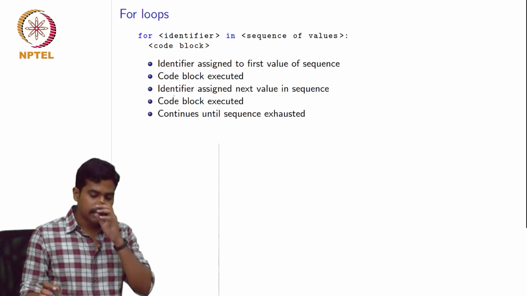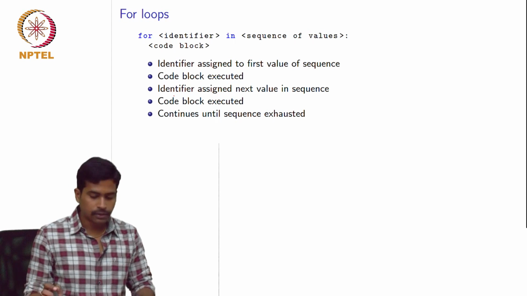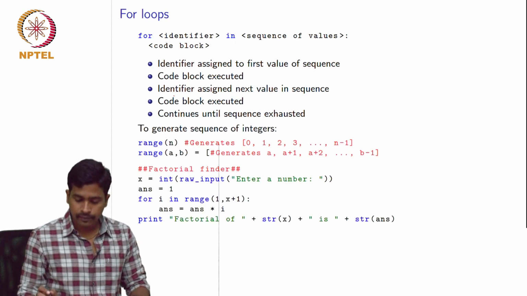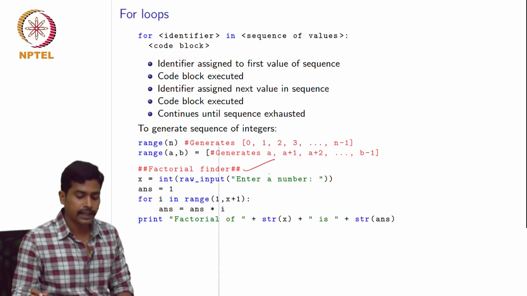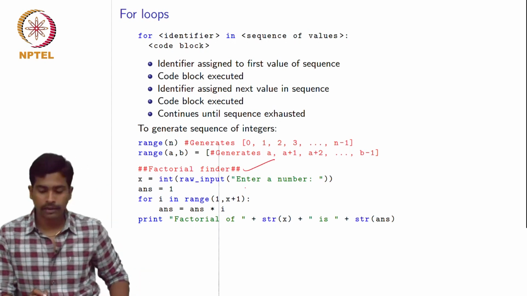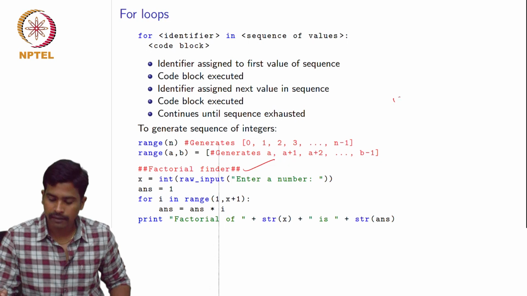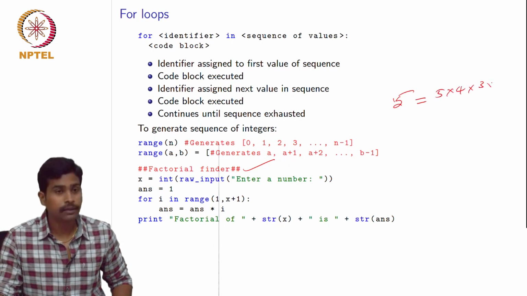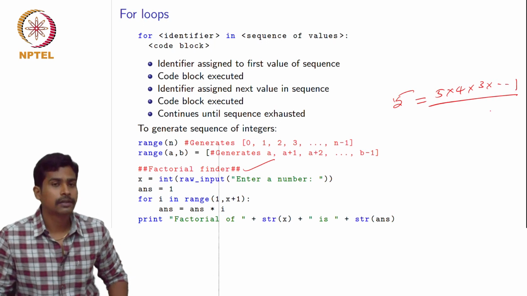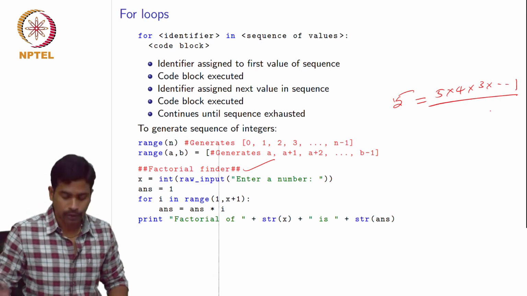To see this, I will show some examples. The example we are seeing is to find the factorial. Factorial of the number 5 is given by 5 into 4 into 3 into, and so on until 1. This is how you calculate a factorial.